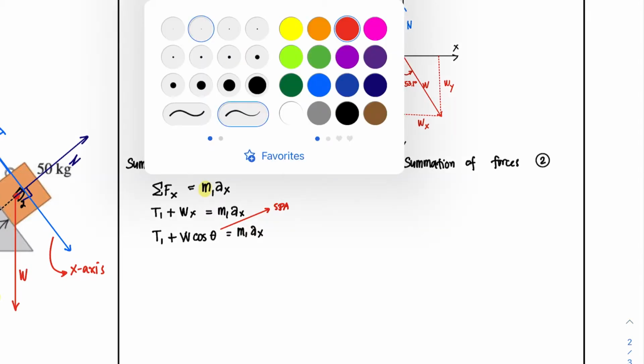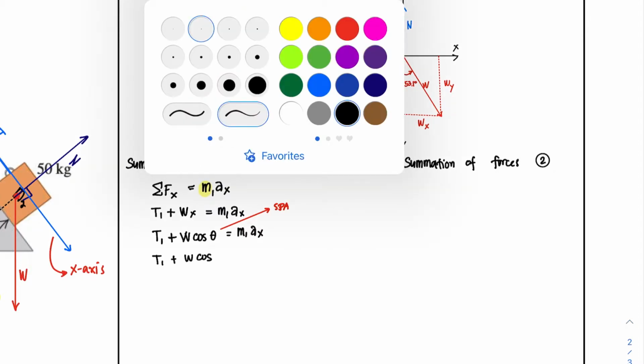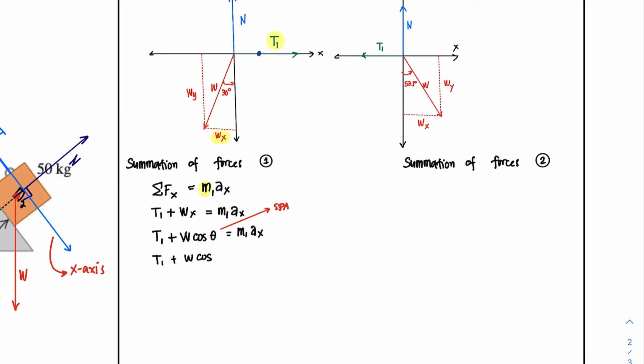So you get T1 plus W cosine of the standard position angle, which dictates that you measure the angle from the positive x going this way. So this is already 180. And if this entire thing is 90 degrees and you get 30, the remaining angle is 60 degrees over here. So 180 plus 60 degrees will give you 240 degrees. So this will be cosine of 240 degrees is equal to m1 a sub x.